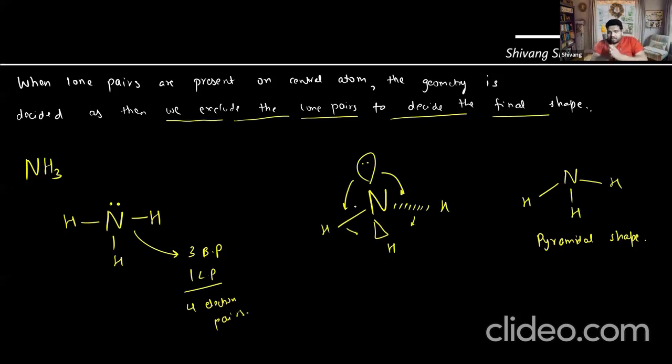They're going to get squeezed because the repulsion from the lone pair is too much. And that is why the bond angle, which should have been 109.5, decreases from 109.5 degrees to 107 degrees.